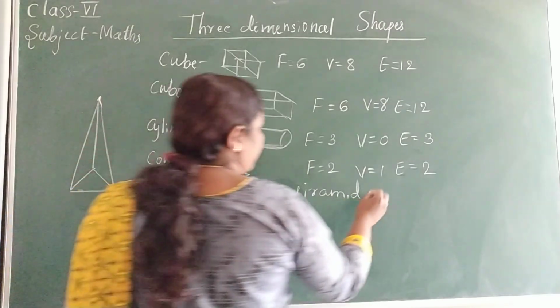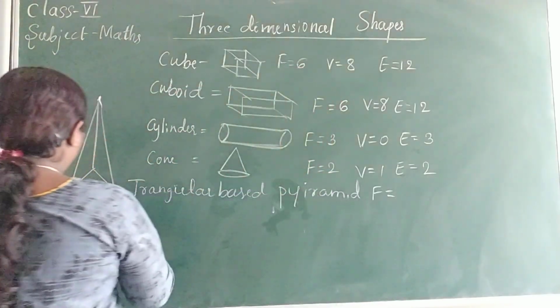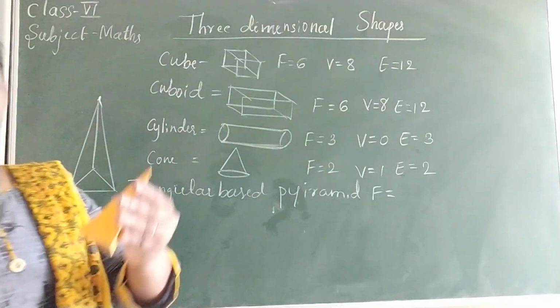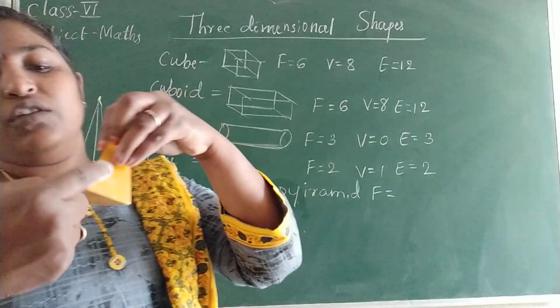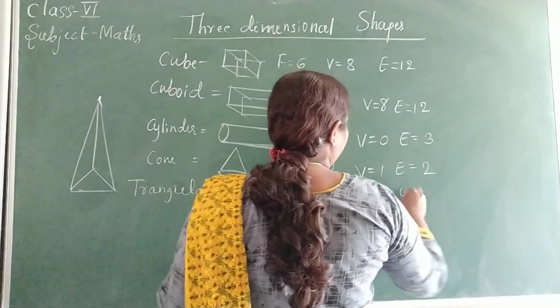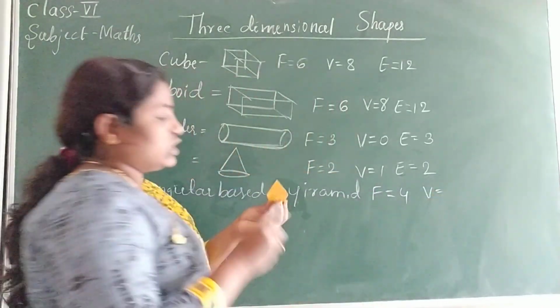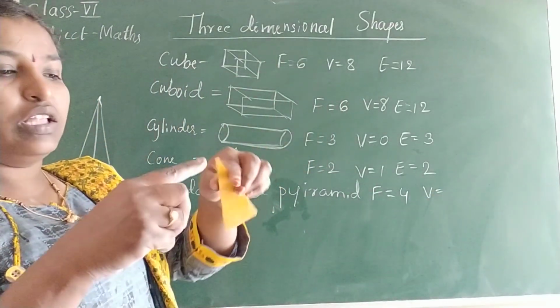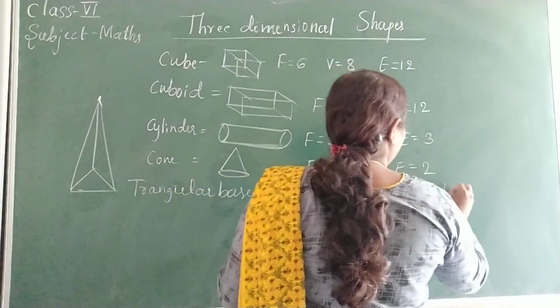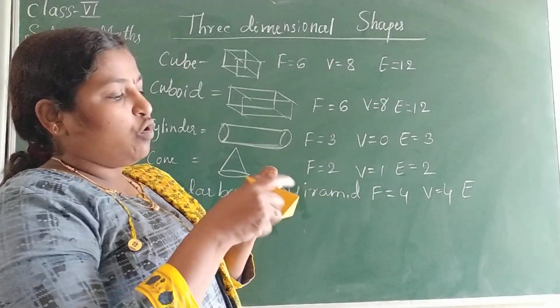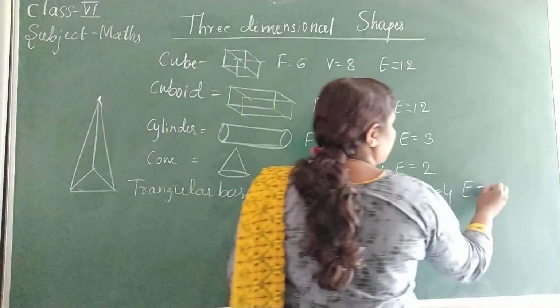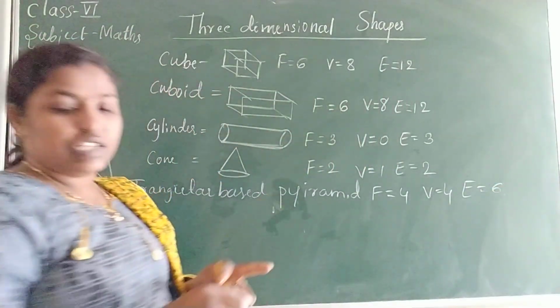How many faces? See, down one. I'll show you how many faces this has: one face, 2, 3, 4. It has 4 faces. Vertices: 1, 2, 3, this is 1, 4. Then edges: 1, 2, 3, 4, 5, 6. It has 6 edges.